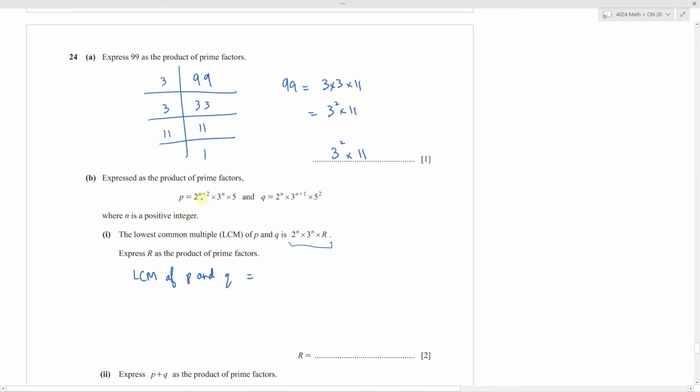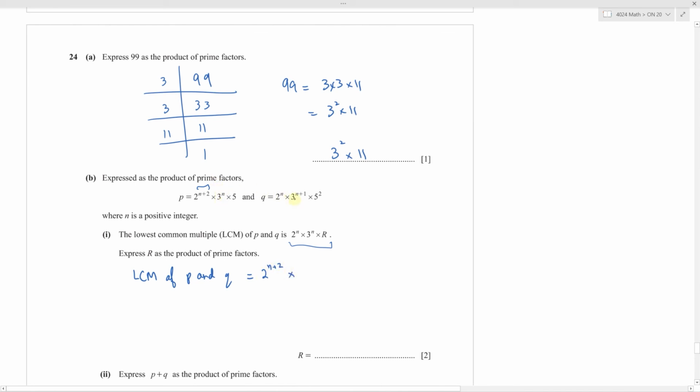Once you're given two numbers as a product of their prime factors, it's pretty easy to find the LCM. You look at each number, and if it's common between the two, you take the greater of the two powers. If this is 2 power n plus 2 and this is 2 power n, what is the larger power? This is the larger power, right? So the LCM of P and Q will be 2 power n plus 2, multiplied by, let's move on to the next number, which is 3.